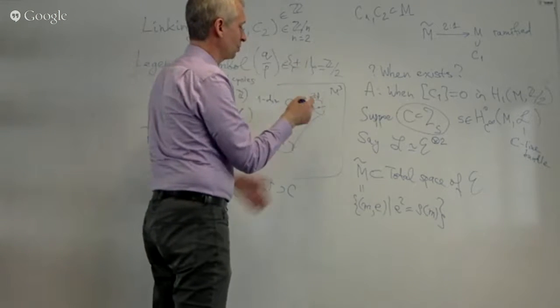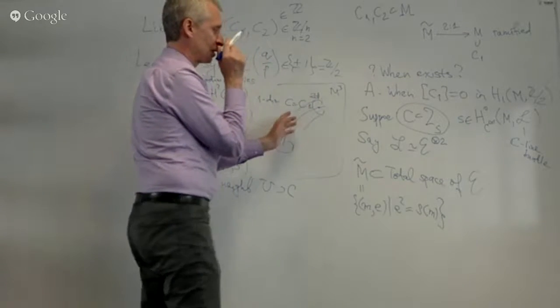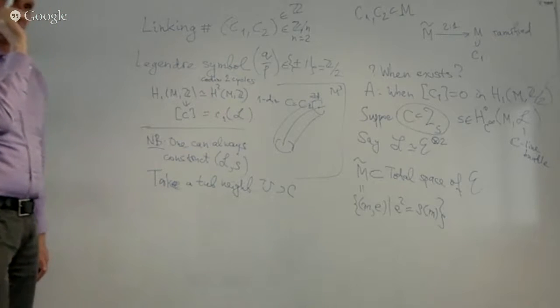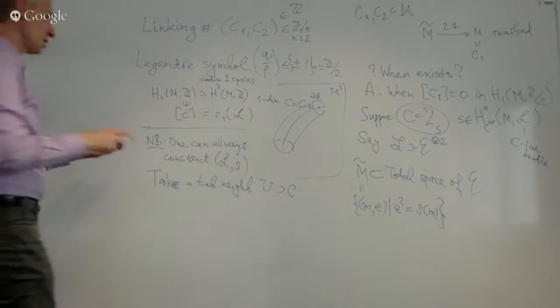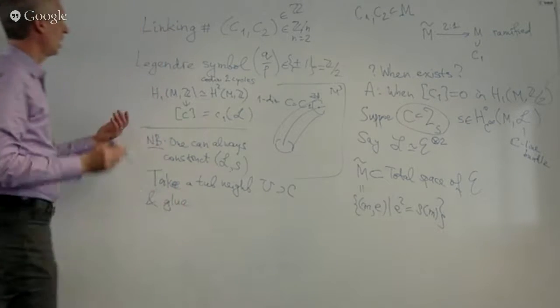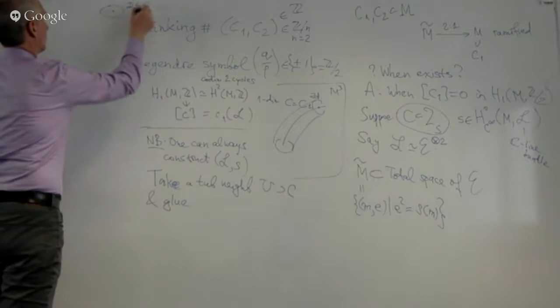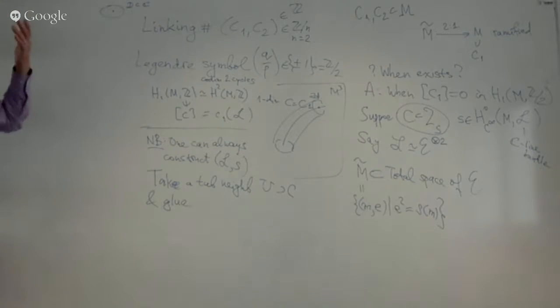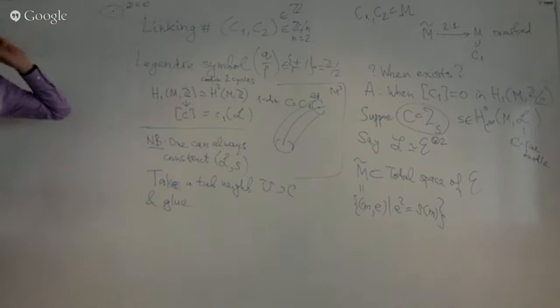We need a bundle whose natural section vanishes here. Suppose I have a disk and C. How do we construct a line bundle with a canonical section which would vanish at this point?